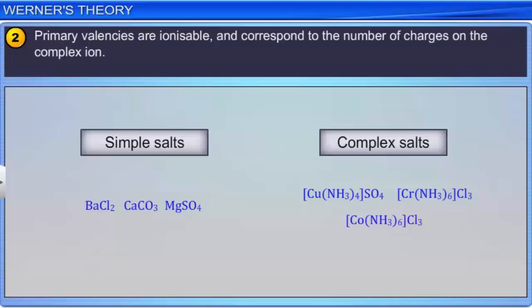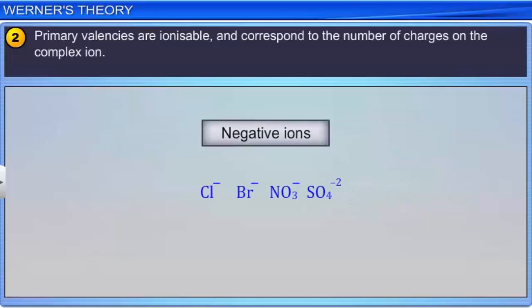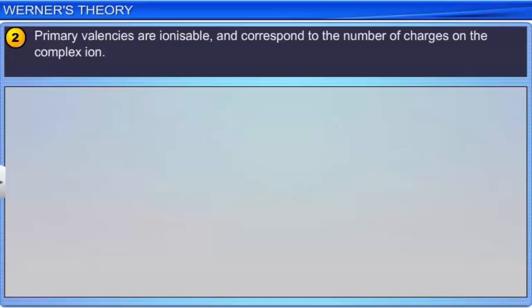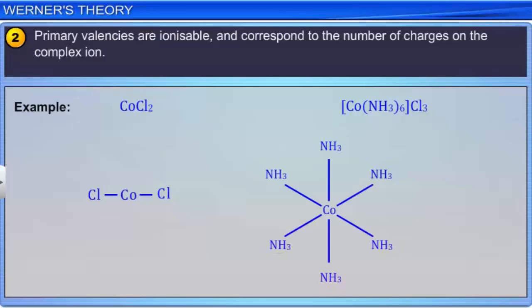For example, the primary valency of 2 in CoCl2 is satisfied by 2 chloride ions. Similarly, the primary valency of 3 in the complex [Co(NH3)6]Cl3 is satisfied by 3 chloride ions. In modern terminology, the primary valency corresponds to the oxidation number.